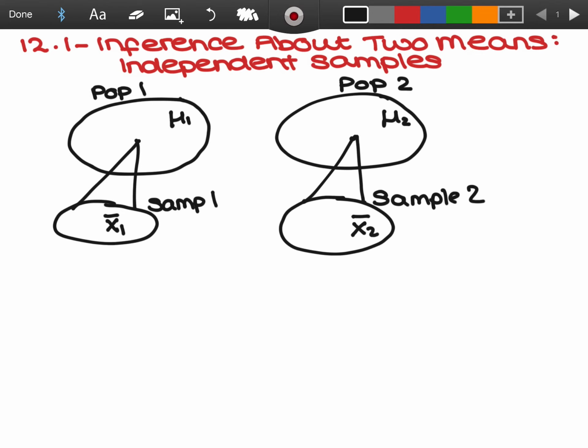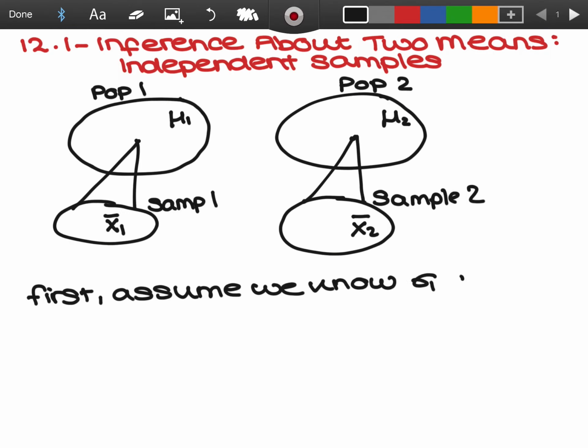Now first we're going to assume that we know our population standard deviations. So we're going to assume that we know what the standard deviations are for each one of our populations. Let's say that population 1 has standard deviation sigma 1 and population 2 has standard deviation sigma 2.